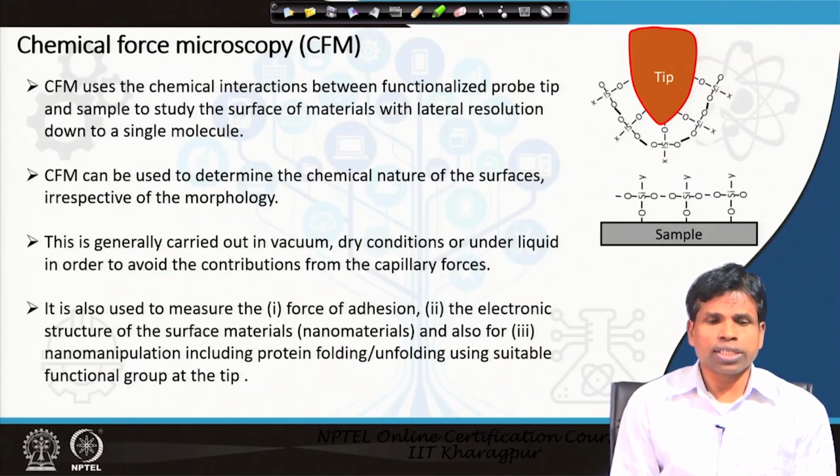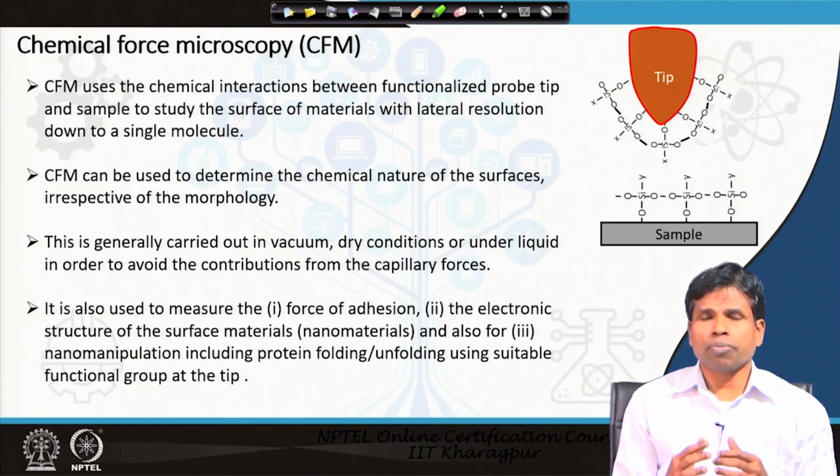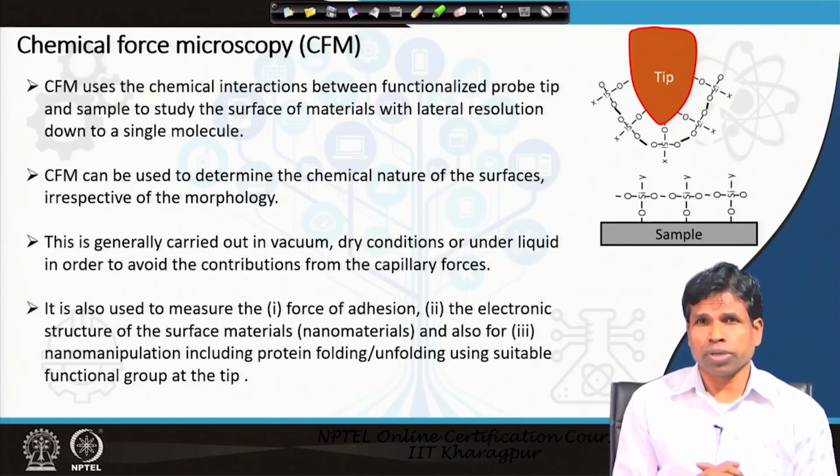If we look at chemical force microscopy, certainly some kind of chemicals is involved here and a chemical force is measured. In order to measure the chemical force, we have particular chemicals that we call a functional group. It is attached to the surface of the tip, and it can also be on the surface of the sample.